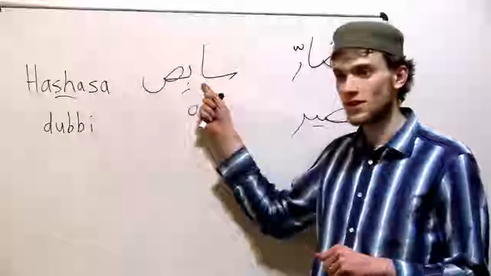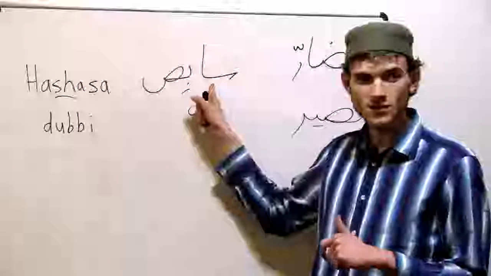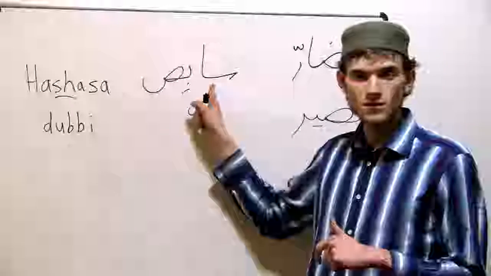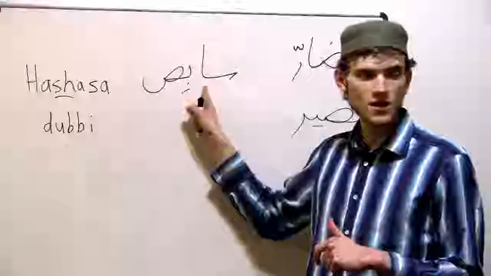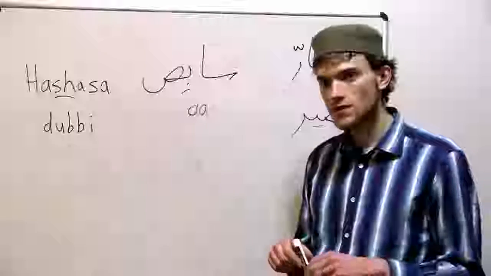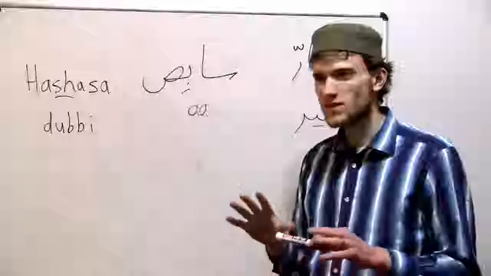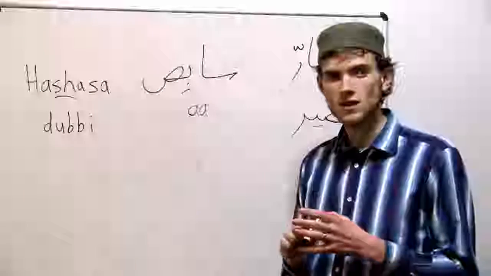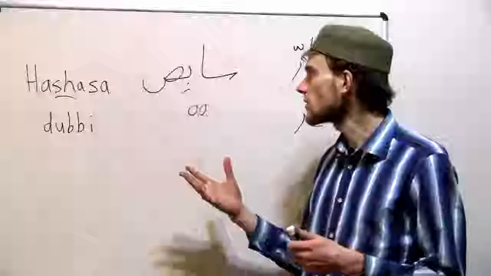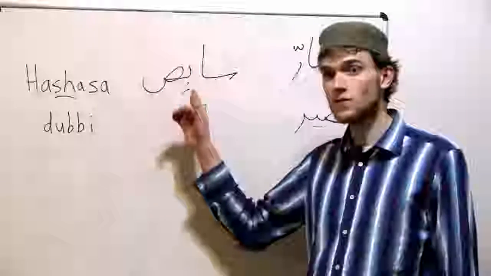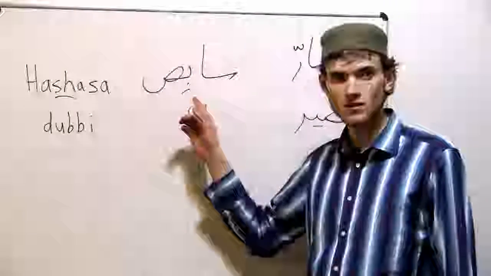This alif, does it come after an emphatic consonant or no? No, it doesn't. Seen is not emphatic. So often what happens is that some native speakers, when they're pronouncing words, if there's one emphatic consonant, what's the emphatic consonant in this word?